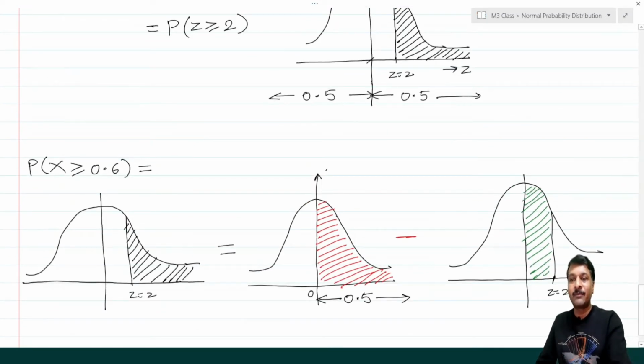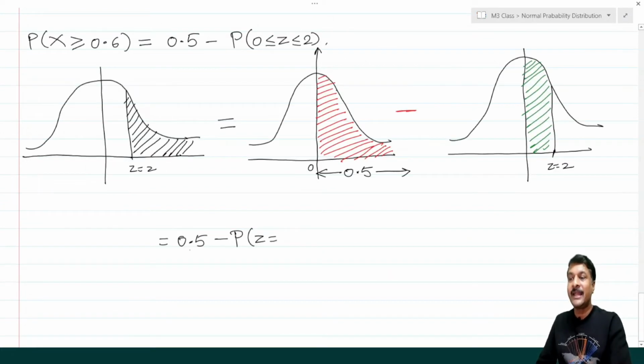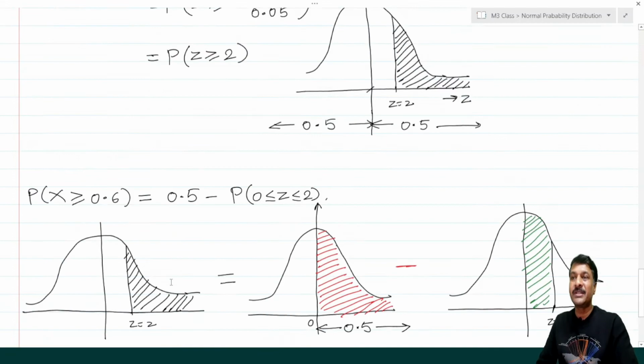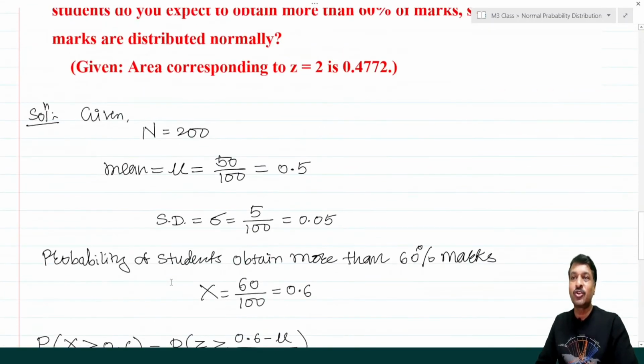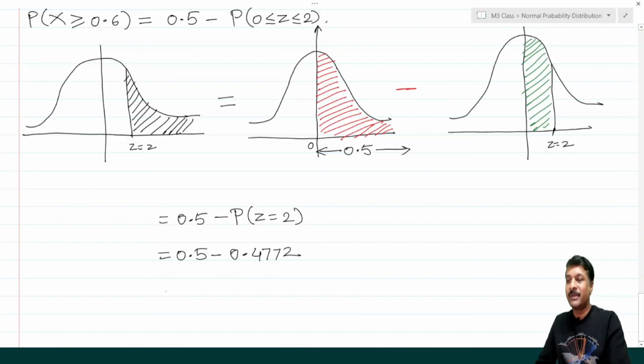And the same thing I can write like this. It is equal to 0.5 minus the probability of Z from 0 to 2. The probability of Z equal to 2 is given, so that value is 0.4772. So I am getting this value. The left hand side, the probability of X greater than or equal to 0.6, is equal to 0.0228.